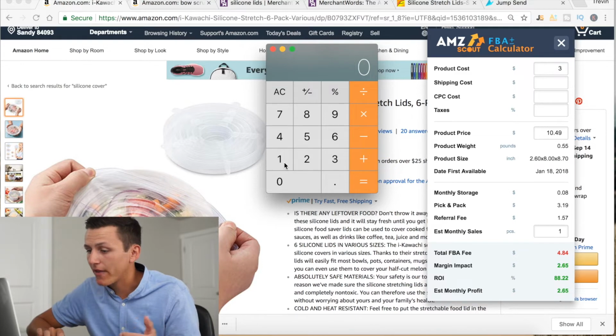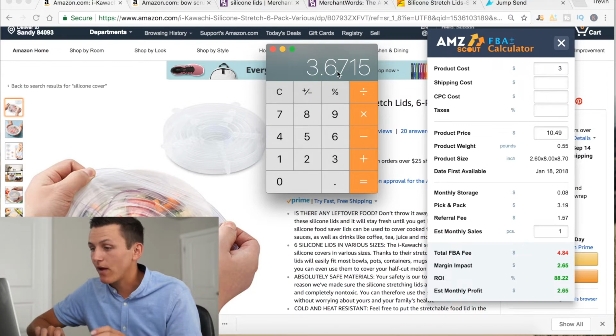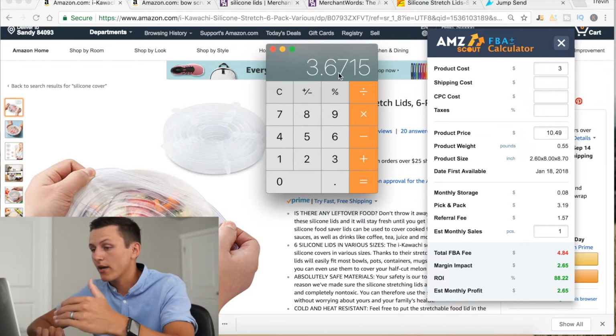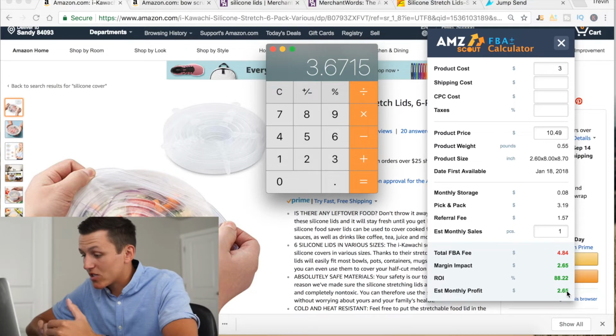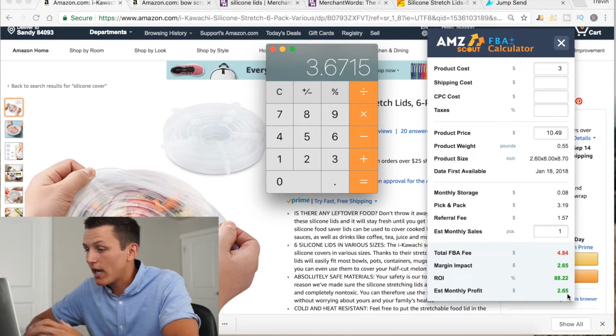But if we do the math on that, I like making sure that my profit margins are a bare minimum of 35%. So I do $10.49 times 0.35, which is 35%. And at a 35% profit margin, my profit should be higher than $3.60 if I want it to be 35% or higher. So right here, it's $2.65. That's going to be lower than a 30% profit margin, which is not good at all.